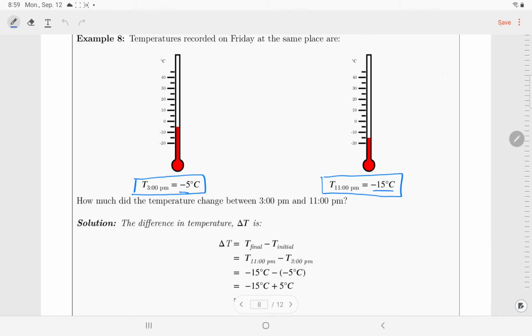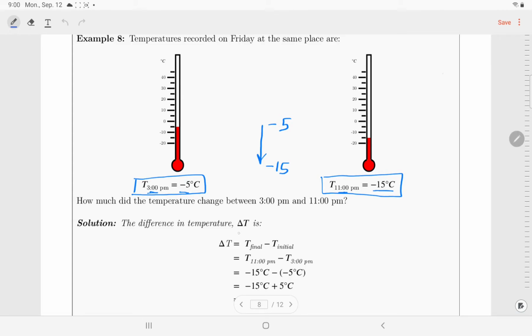We want to find the change in temperature between 3 p.m. and 11 p.m. First, notice that the temperature dropped. It was negative 5, now it's negative 15, so it's lower. So the change in temperature must show a negative value.